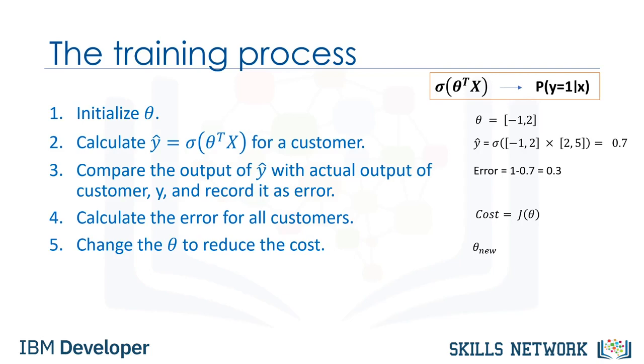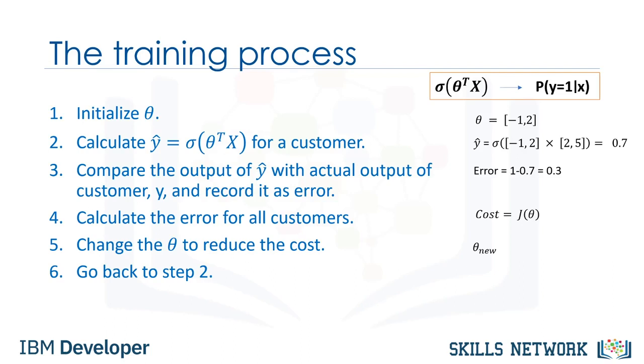Step 5. But because the initial values for theta were chosen randomly, it's very likely that the cost function is very high. So we change the theta in such a way to hopefully reduce the total cost. Step 6. After changing the values of theta, we go back to step 2. Then we start another iteration and calculate the cost of the model again.